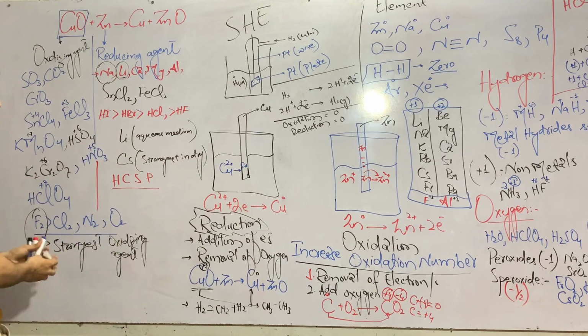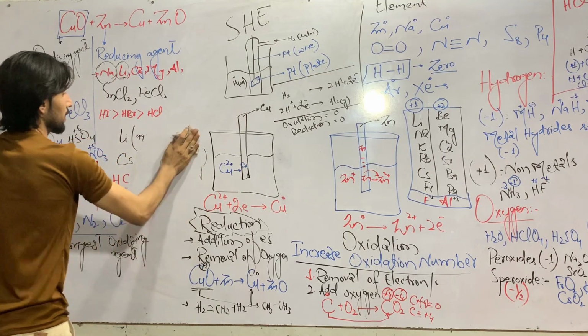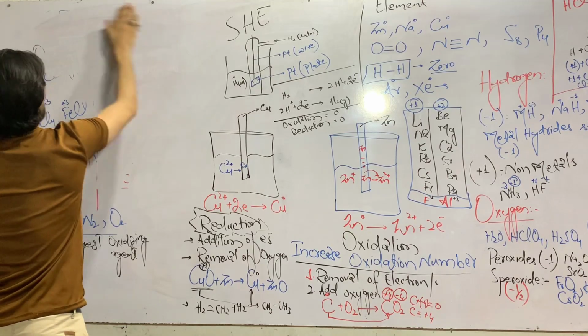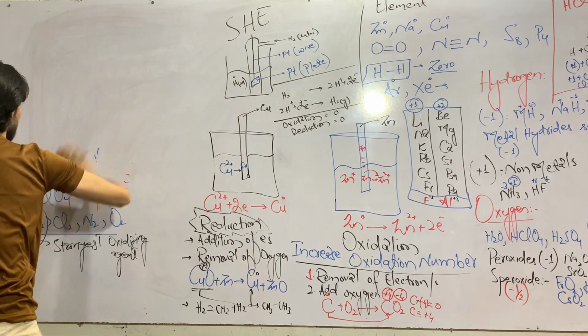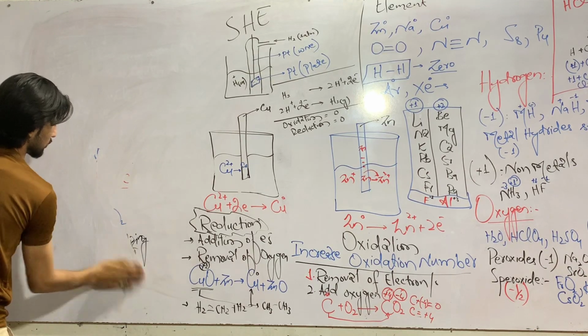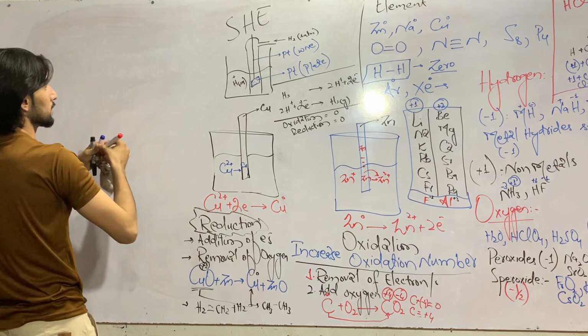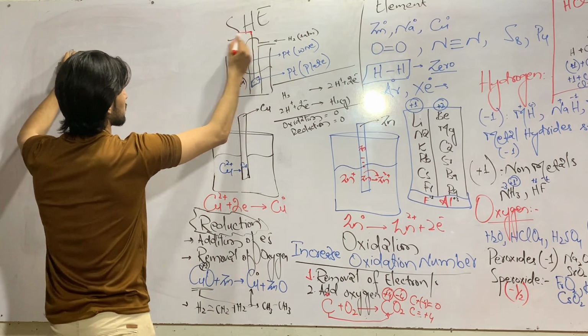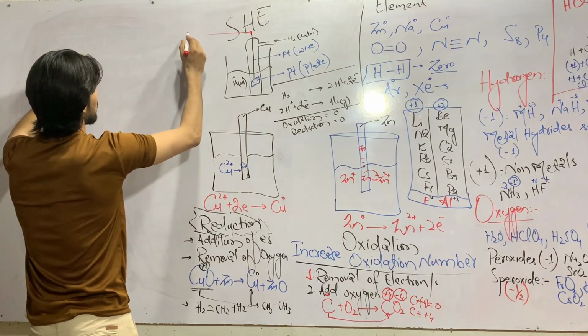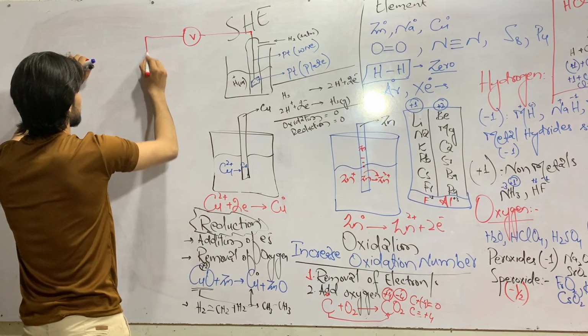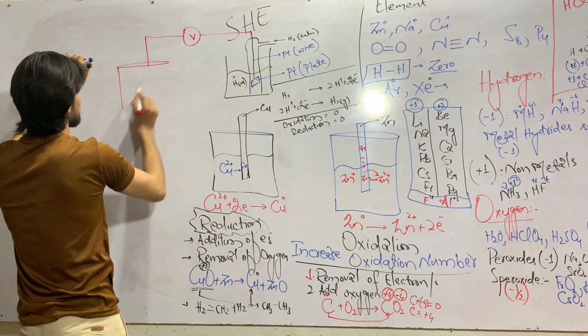So what we do, we combine it with the standard hydrogen electrode. By combining it with the standard hydrogen electrode, here we take a voltmeter, here we take the zinc electrode.